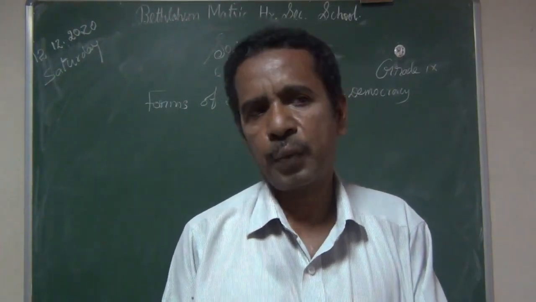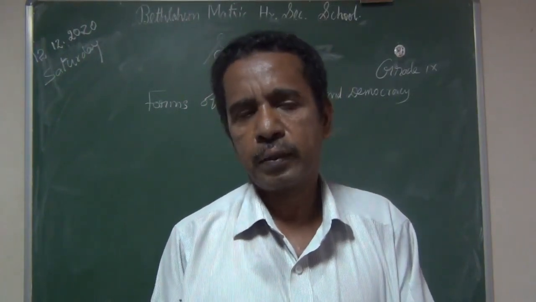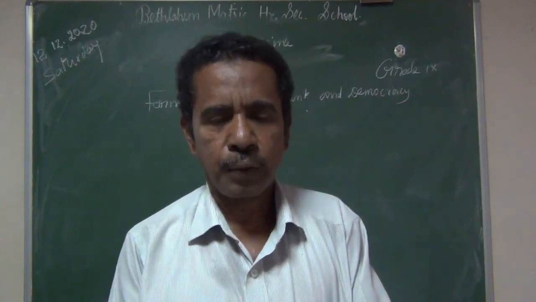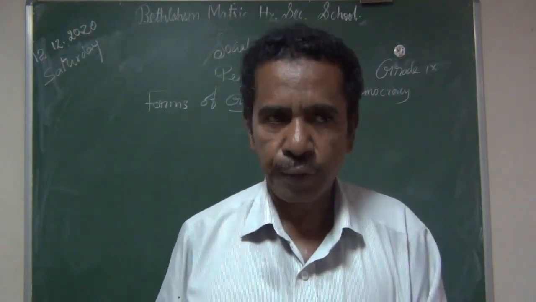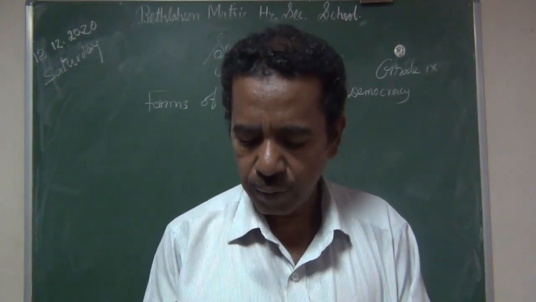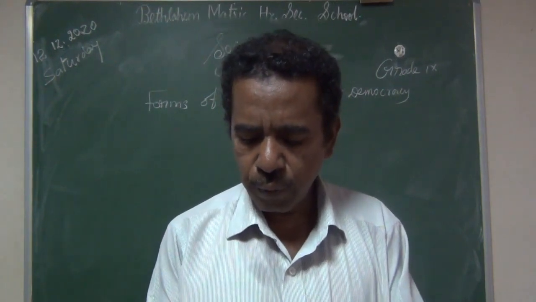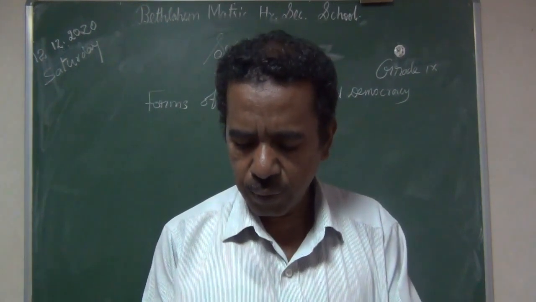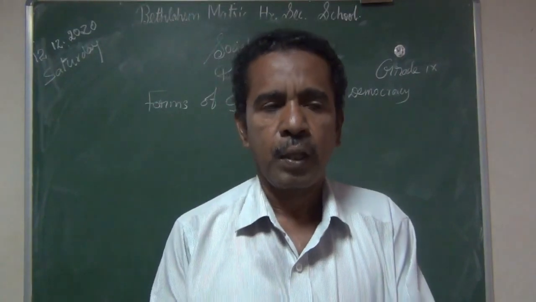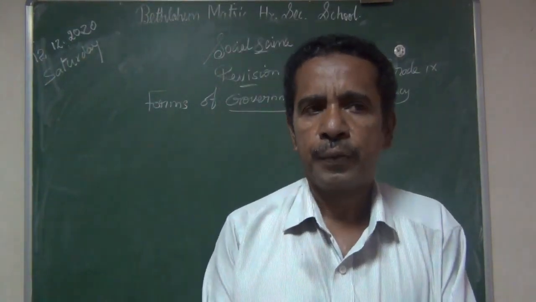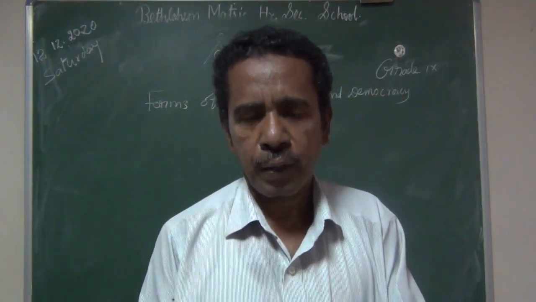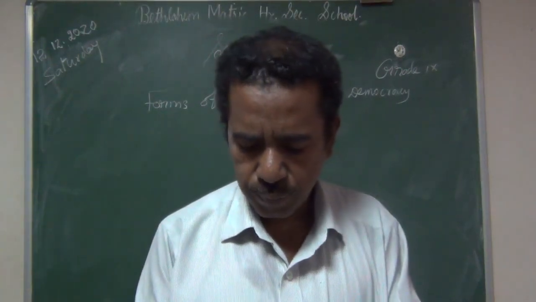Headquarters is in New Delhi. The responsibility of the election commission is to conduct a free and fair election in India. The article of the Constitution that provides for an election commission is Article 324.